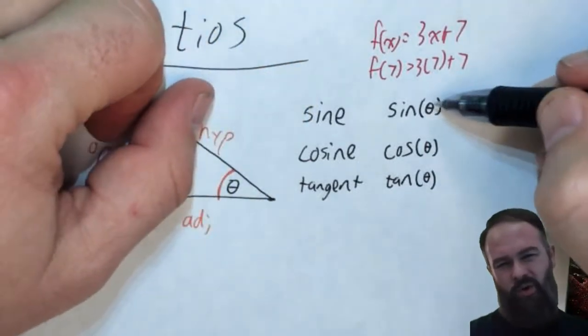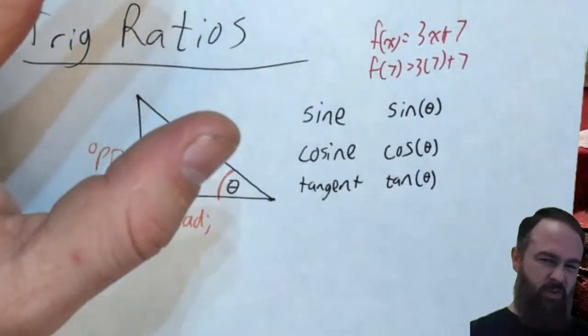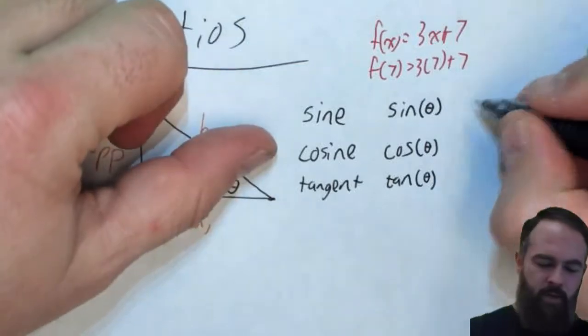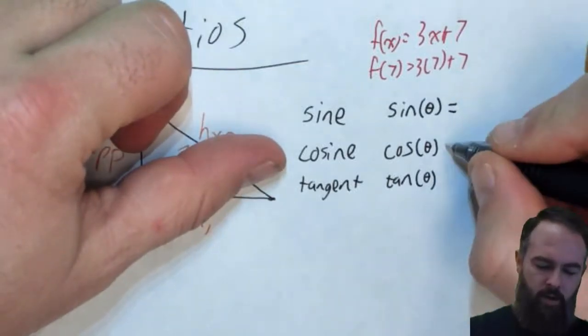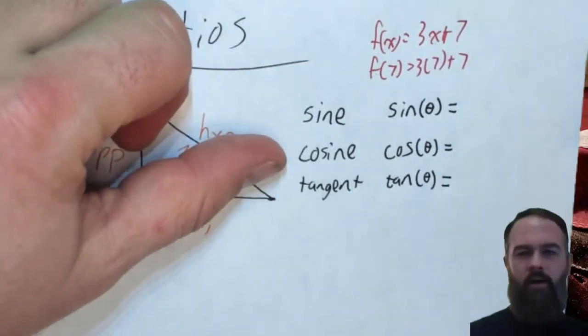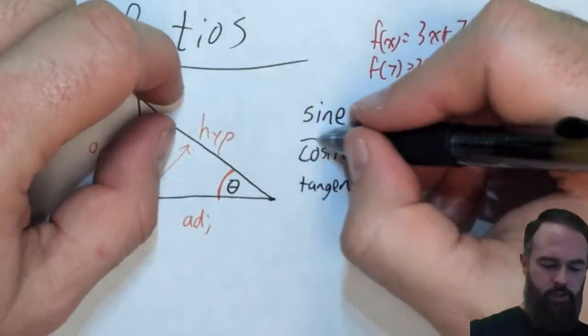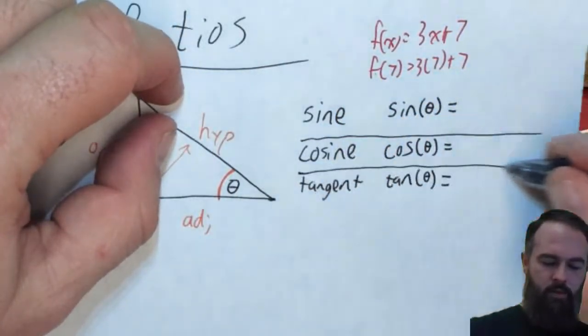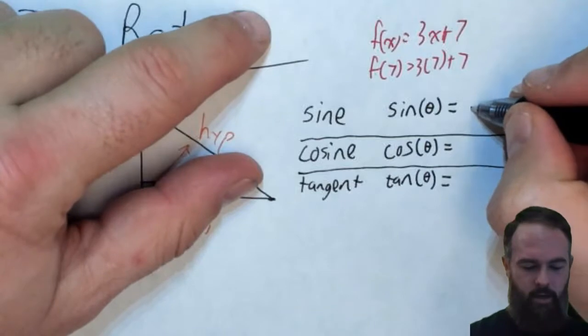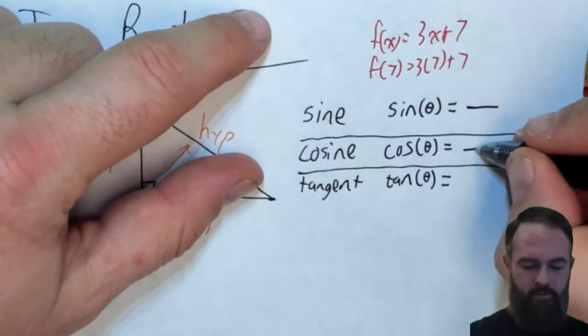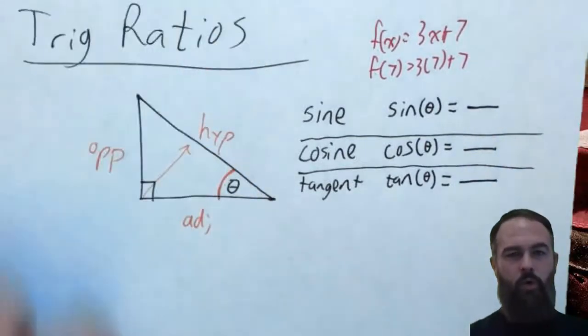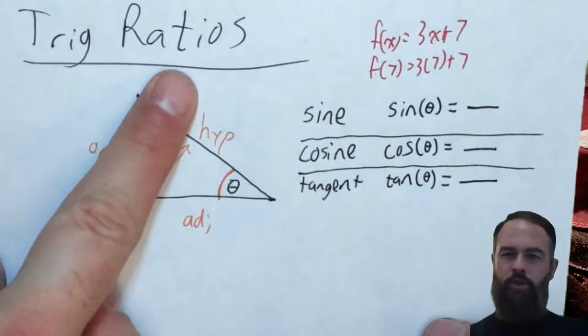Now, we don't always write the parentheses there. Technically, to be proper, you should, but you don't always have to write them. Now, these are the left-hand side of three separate equations. The right-hand side are nothing more than three fractions or three ratios, which is why these are called the trig ratios.